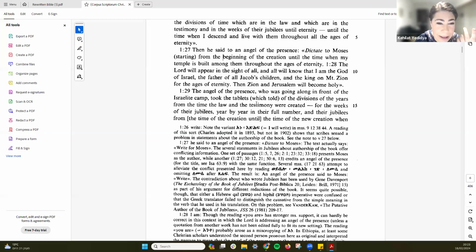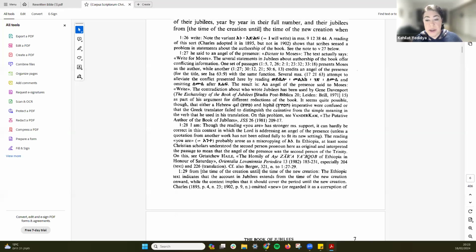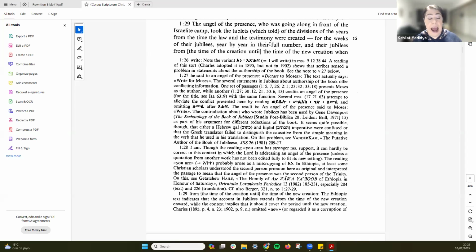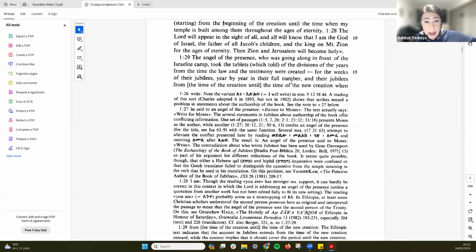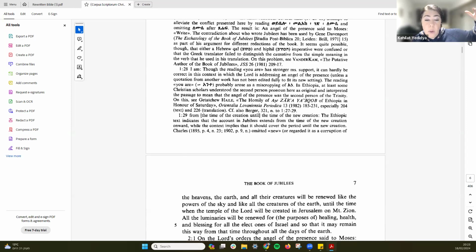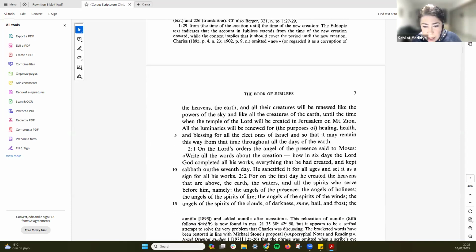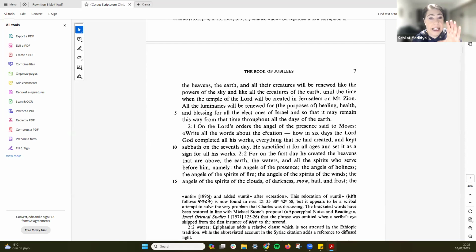It's talking about the law, the Torah. So this is given to Moshe at Sinai, and it's going to retell what's going to happen also in the time of the Messiah. Okay, so again, that's the frame of Jubilees.